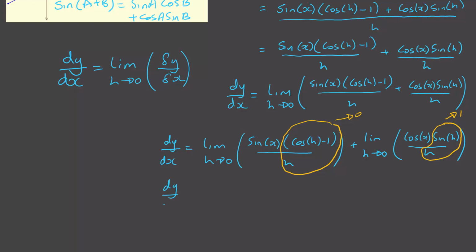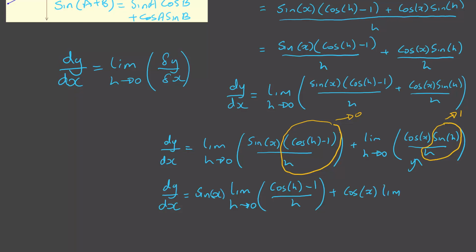So let's just... Sine x is independent of h, so we can bring it outside. So you've got sine x times the limit as h tends to 0 of the cos h take 1 over h. And cos x is independent of h in the second one, and so we can bring that out as well.